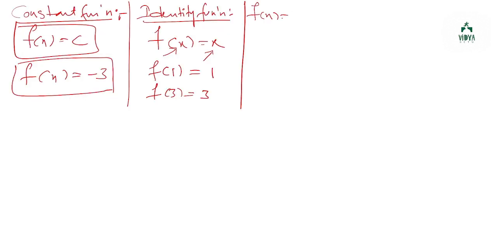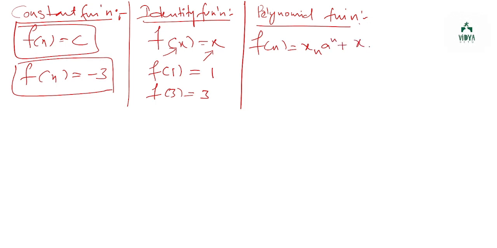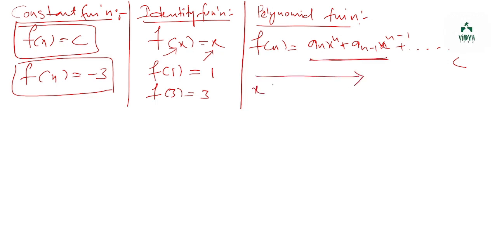A function in the form of f(x) = a_n x^n + a_(n-1) x^(n-1) and so on, the exponent power of x will be decreasing, and it goes down to the constant c at last. The sign doesn't matter.